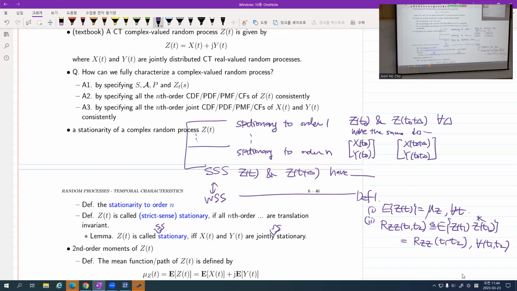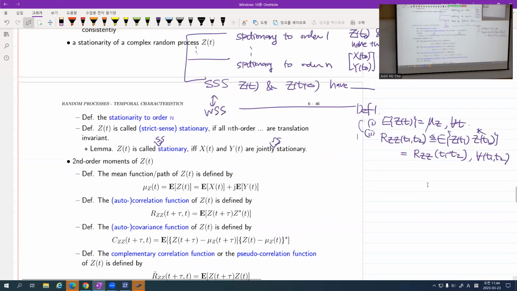Unfortunately, this definition is not equivalent to that one. There is another one that is the same as what I just told you.